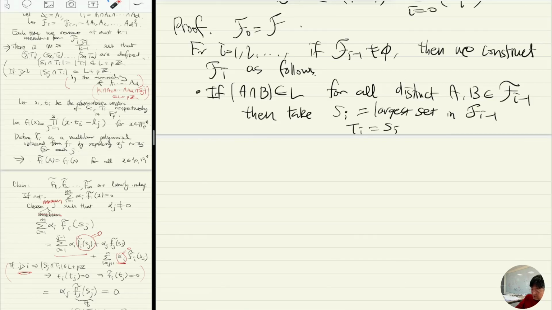So in this case, S_i and T_i are the same. That's one case. We take among all sets the one with the maximum cardinality.